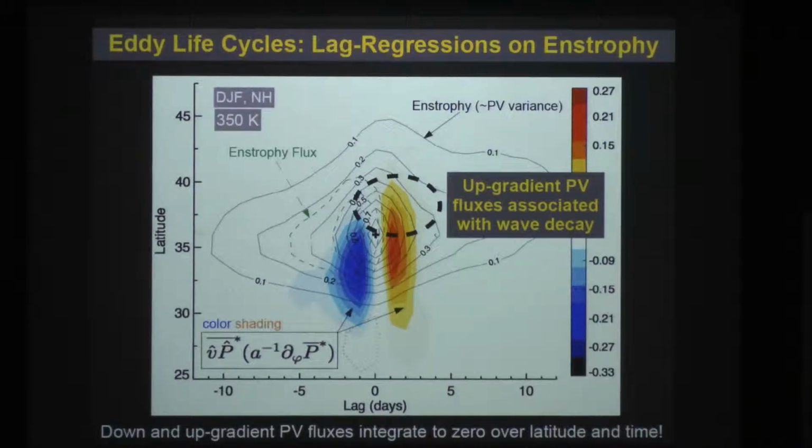And in that case, I'm back to my down-gradient eddy PV fluxes. And so, in a way, you could sort of rescue the old paradigm by saying that what you also need to do is average in space over the eddying region, and only then do you recover that down-gradient flux paradigm. If you do it locally, you get up-gradient fluxes.